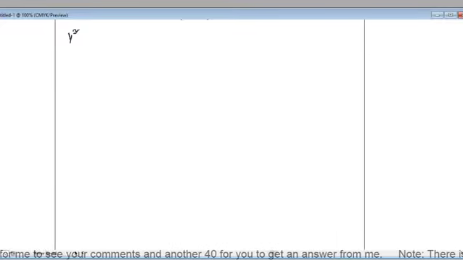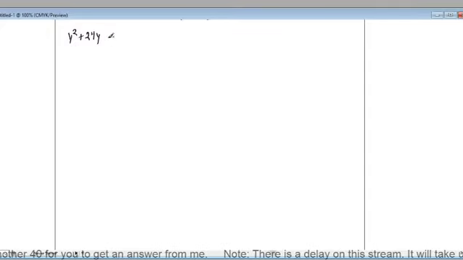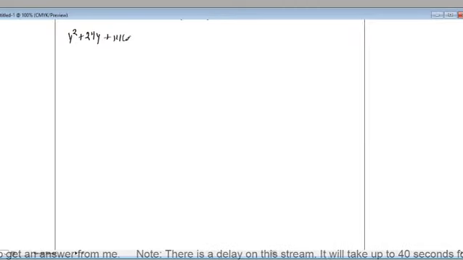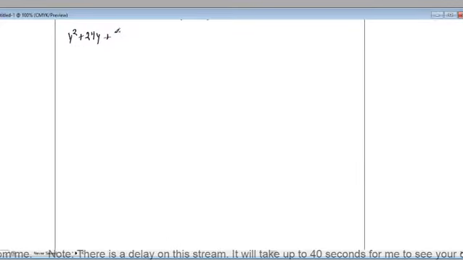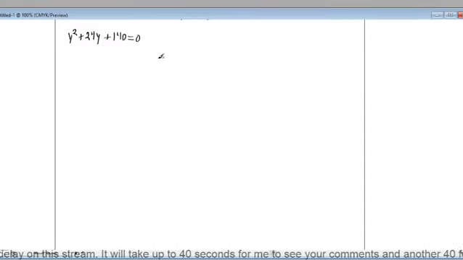Maybe we have something like y squared plus 24y plus 140 equals 0. Okay, so this is a quadratic. And again, you can tell it's a quadratic because we have some variable squared.